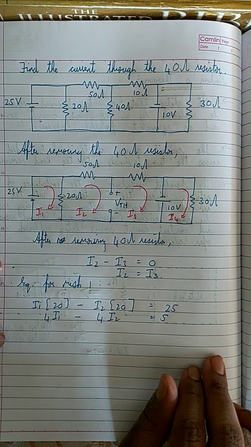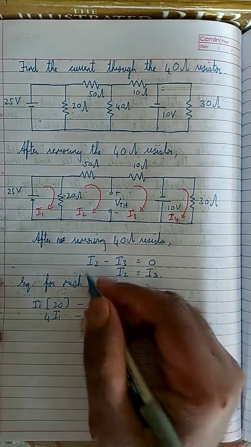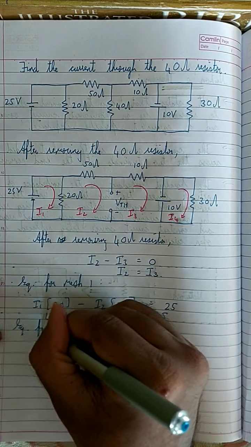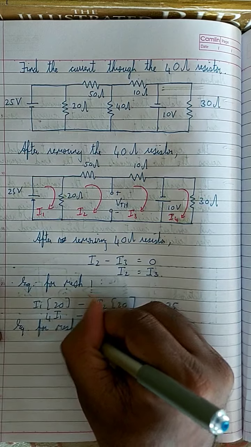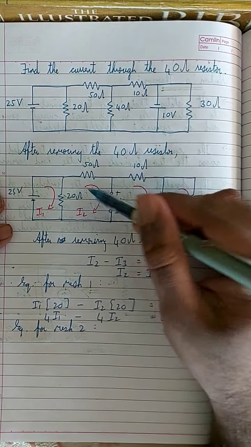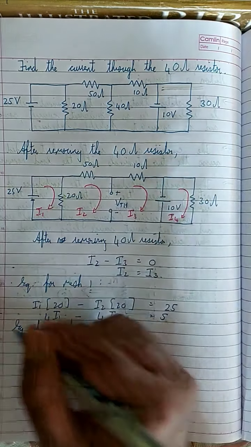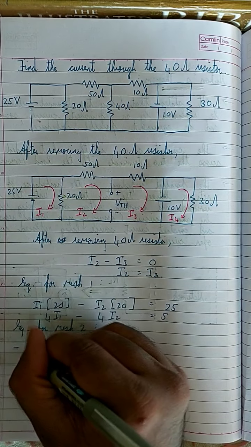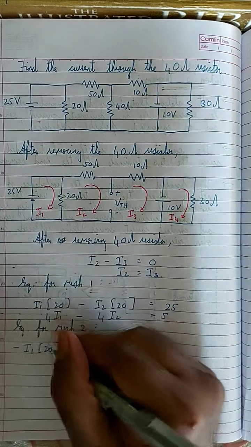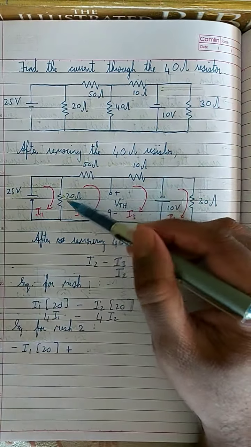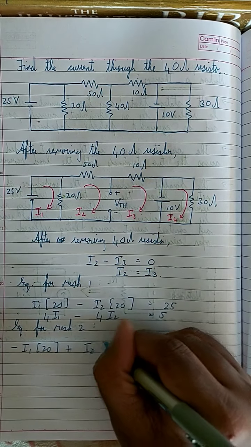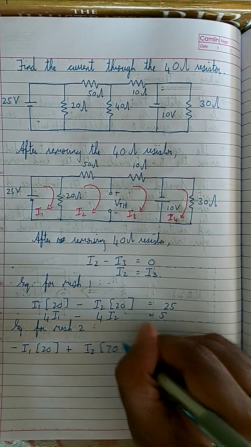Next will be the equation for mesh 2. It will be minus I1 into 20, and what about I2? 20 plus 50, so it is plus I2 into 70.